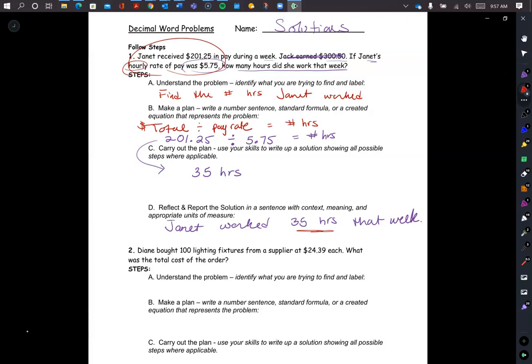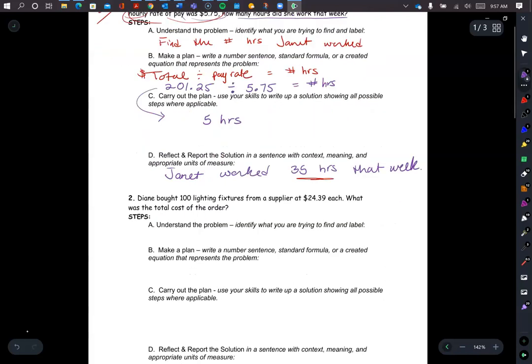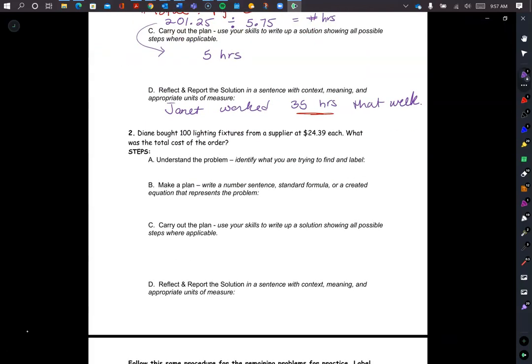All right, so actually I think I will leave number 2 for you to do as a practice problem. So this is an example. Number 2 has all the steps there, and you can read through. It might have some different operations going on with it, but you're going to do practice.